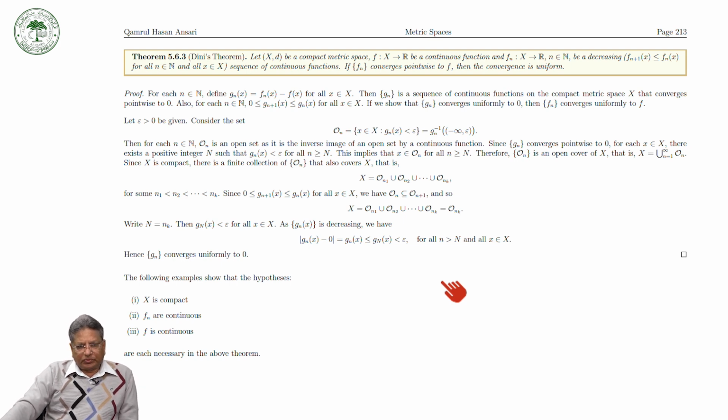To prove this, for each natural number n define Gn(x) equal to Fn(x) minus F(x).